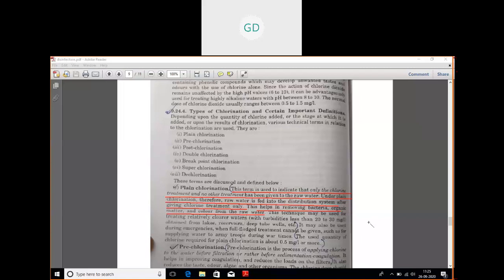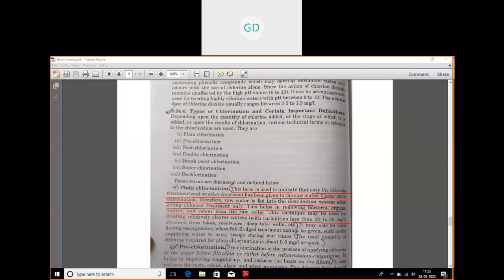It has less turbidity and all, so it can be used for treating waters that are relatively clearer. The turbidity is less than 20 to 30 milligram per liter. So it is used for those kinds of water.